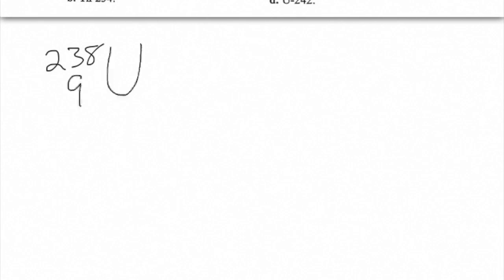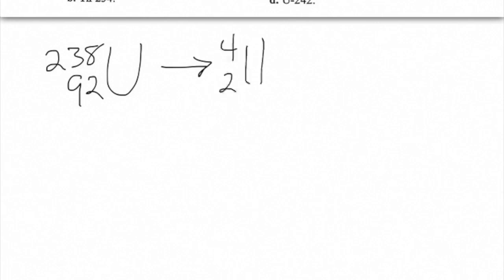When U-238, which is the isotope uranium with a mass of 238, undergoes decay by losing an alpha particle, the other product is, so let's do the equation out here. You always set this up: 238 is the mass that you're given, uranium. If you look that up on the periodic table, it's element number 92. And it's going to decay by losing an alpha particle, which we represent as 4 2 He.